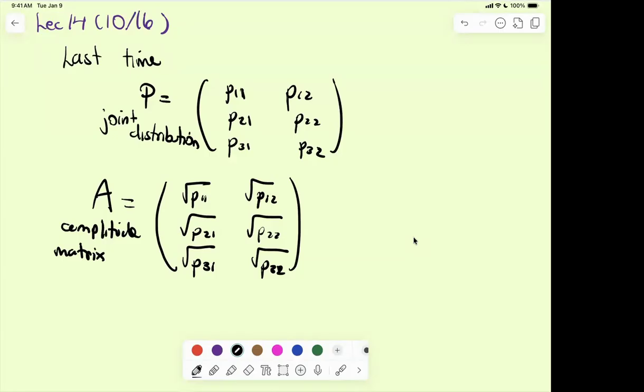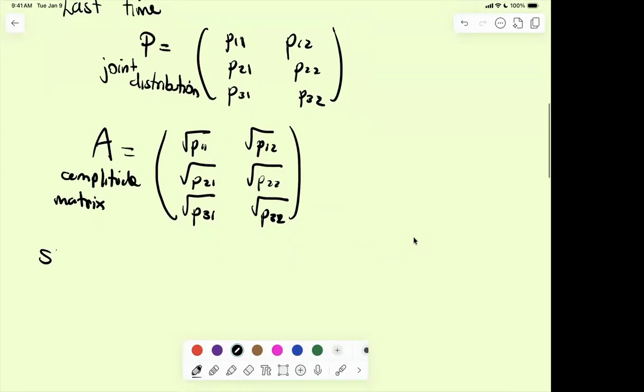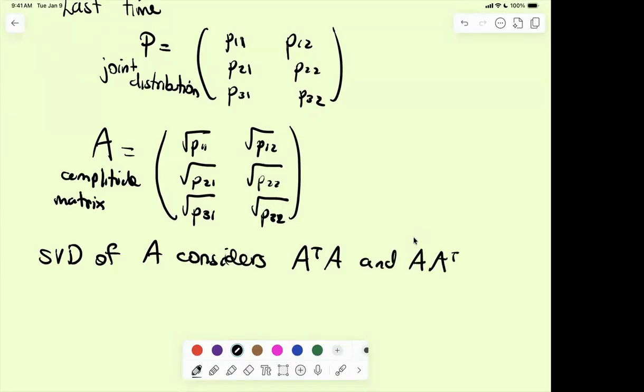And then what I said is, if you happen to do an SVD of the amplitude matrix, you have to consider A and A transpose, or A transpose A. For the SVD, you consider that.